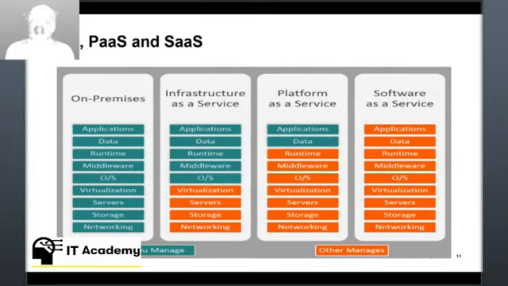So if you take a look at a data center today where we're running things on-prem, what are our responsibilities to look after and manage? We've got to take care of everything. Even beneath where this diagram starts with networking at the bottom layer, we still have to provide a building, facilities, air conditioning and so forth.